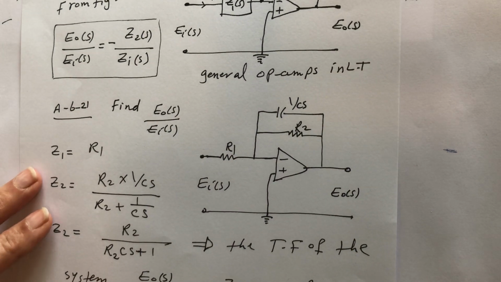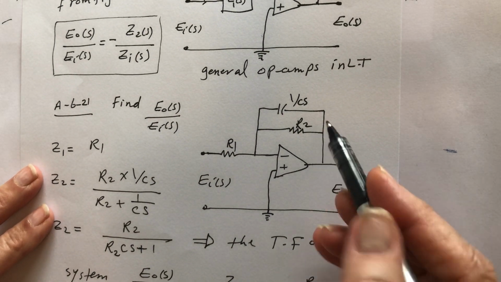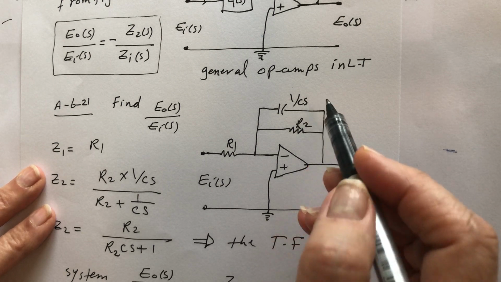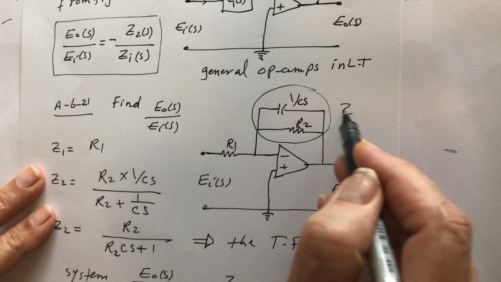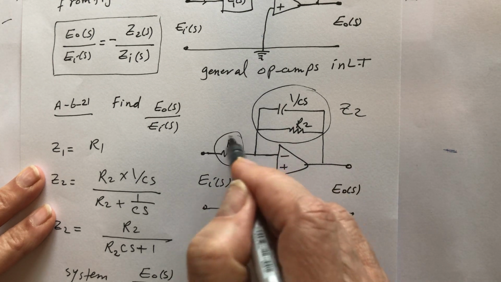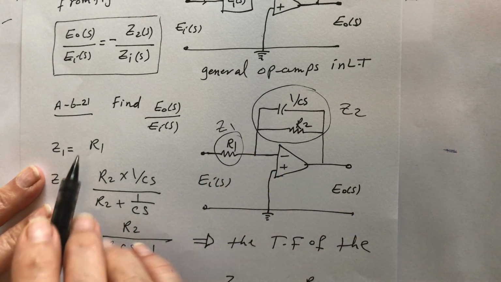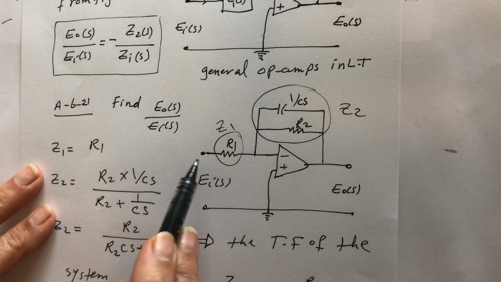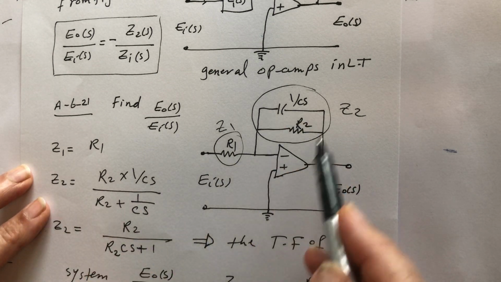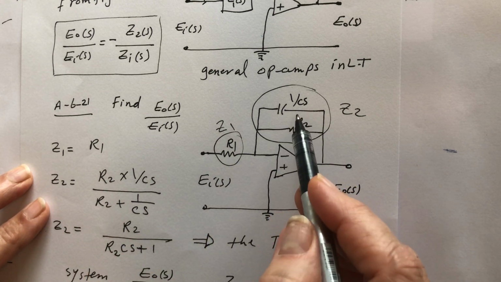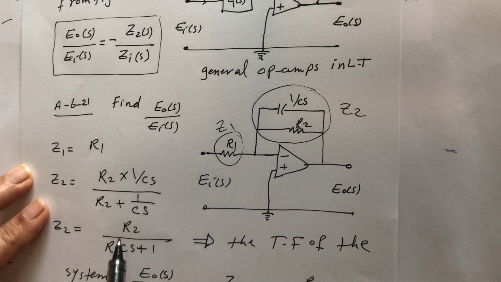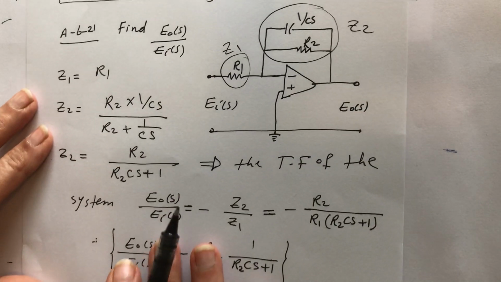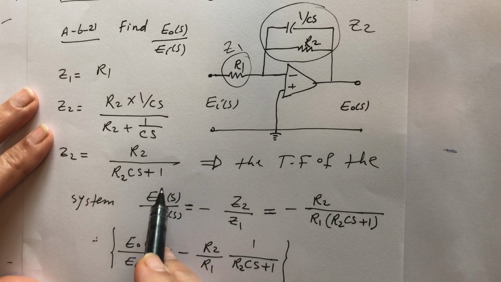If we take an example, let's say we have this, this is Z2 and this one is Z1. We want E out over E in. Z1 equals R1. Z2, these are in parallel, so it's R2 times 1 over CS, over R2 plus 1 over CS, and equals R2 over R2 CS plus 1.